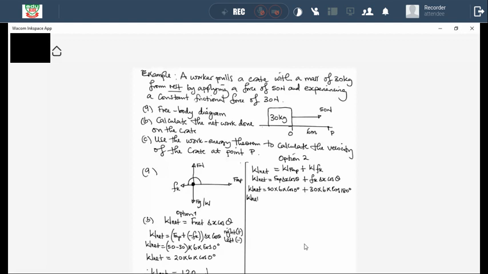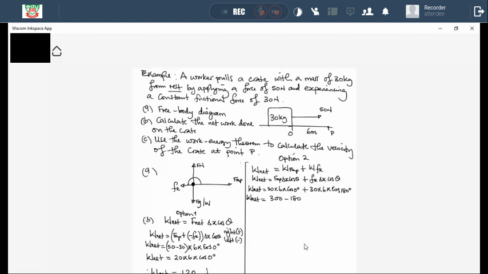So W net is equal to what is work done by the force applied? That's 50 times 6. I'm getting 300, right? Obviously, the friction work is going to be negative because cos 180 is minus 1. So it's 30 times 6, which gives me minus 180.